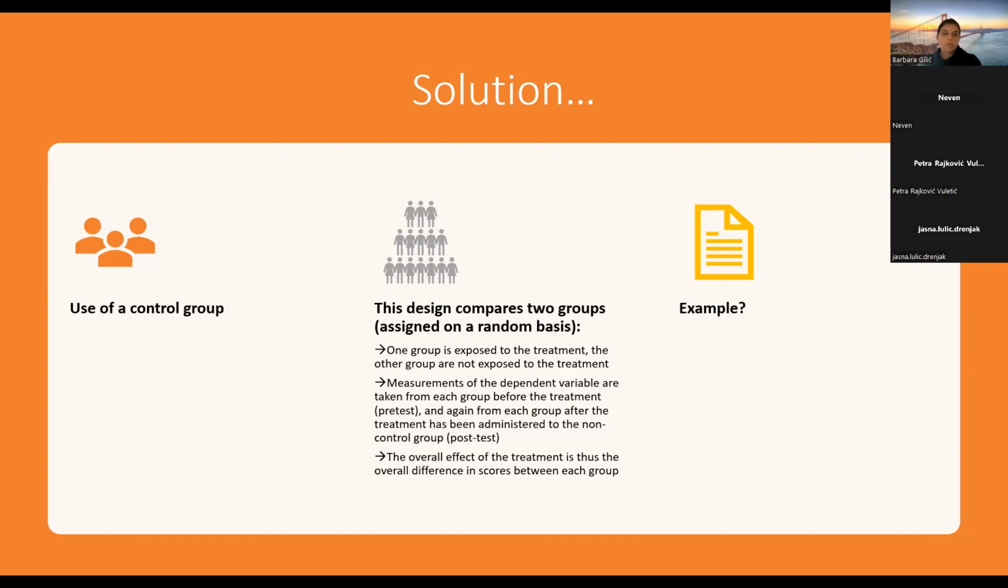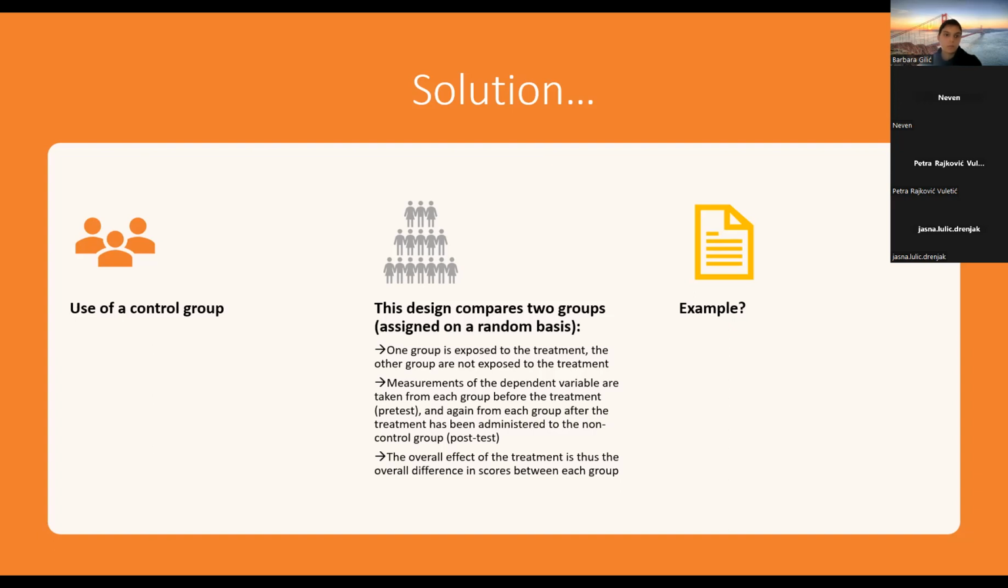They will probably improve. But this other group, this control group, may also improve as a result of time. For example, if you have adolescents or children which are not active in sports, they will probably, during the time of any training, not specifically designed training, improve their running capacities.